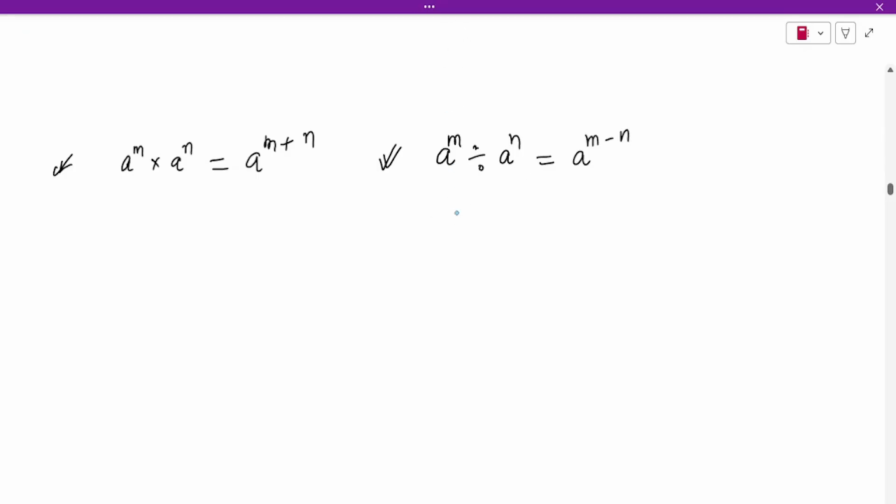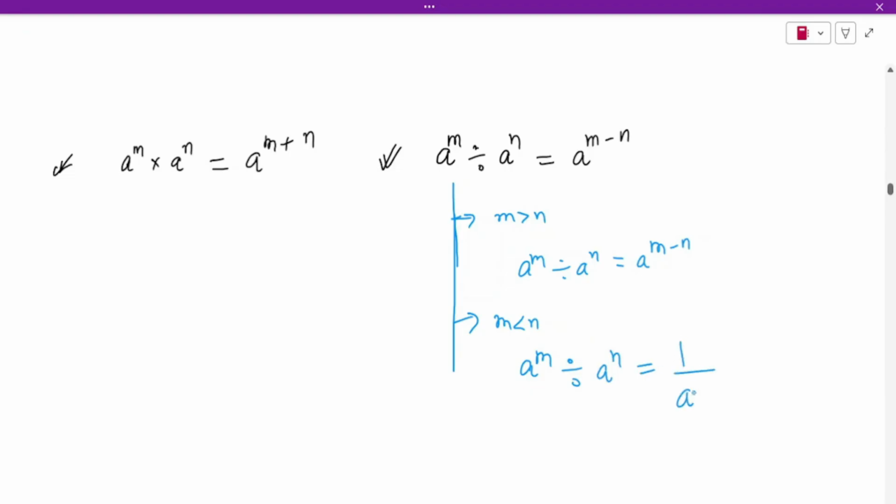But if m is greater than n, then a to power m divided by a to power n is equal to a to power m minus n, writing the exponent as a positive number. But if we have m less than n, then the same law can be written as a to power m divided by a to power n is equal to 1 upon a to the power n minus m. So these were the two basic laws.